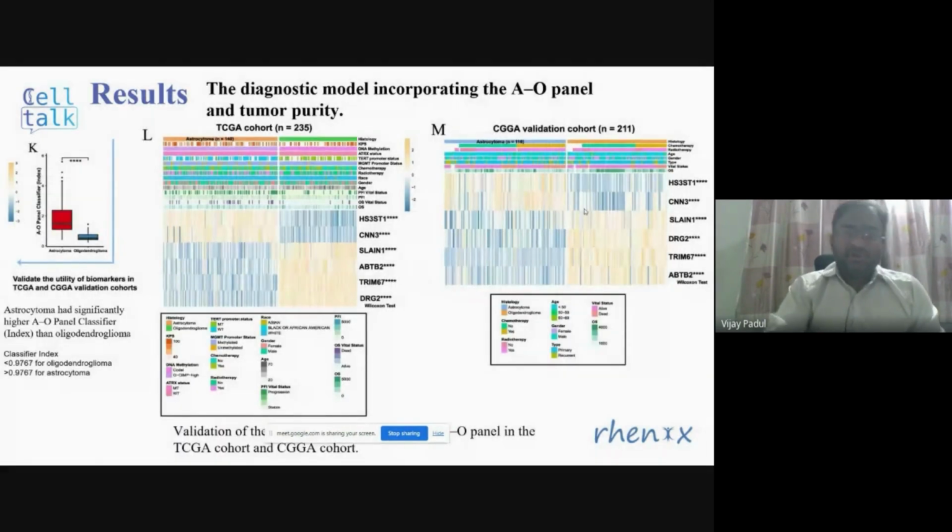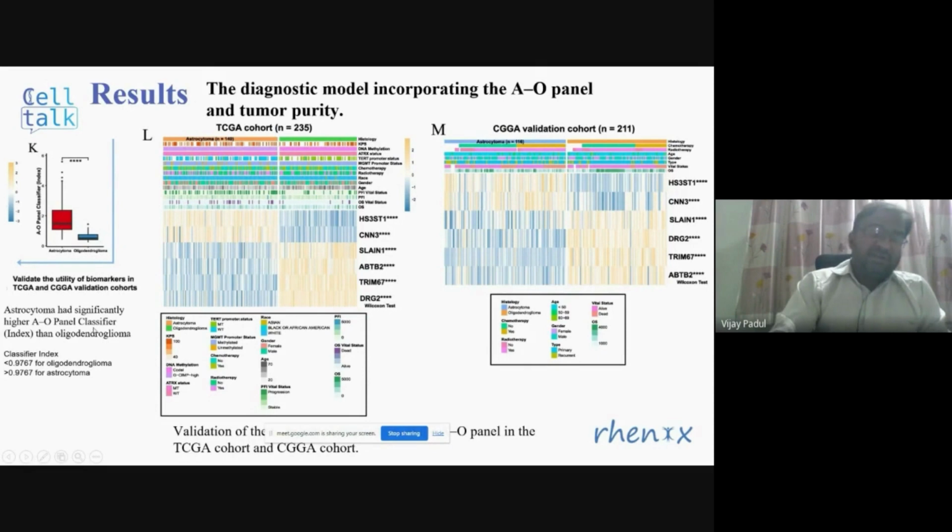So this panel shows how those molecular signatures are classifying the histological subtypes. So here, this astrocytoma oligodendroglioma panel classifier was constructed by using a number of different genes and molecular alteration signatures. So they showed significant statistical difference with respect to astrocytoma and oligodendroglioma.